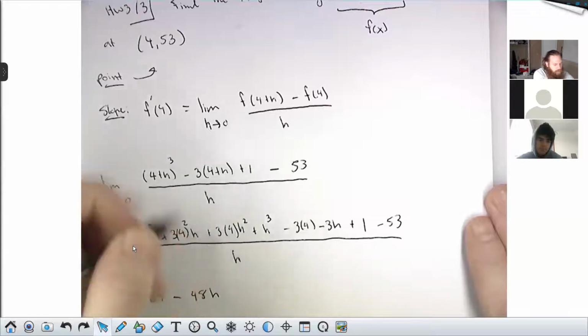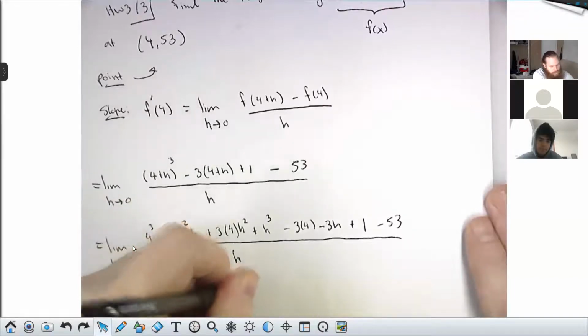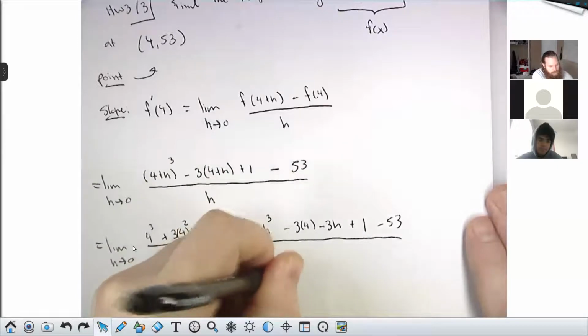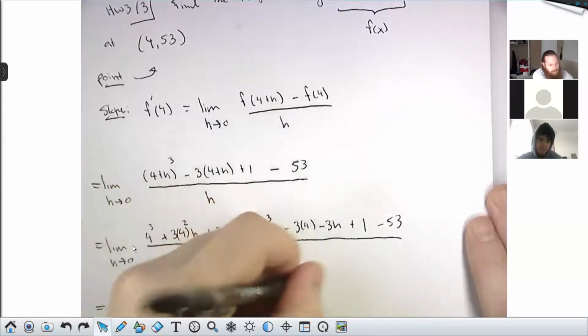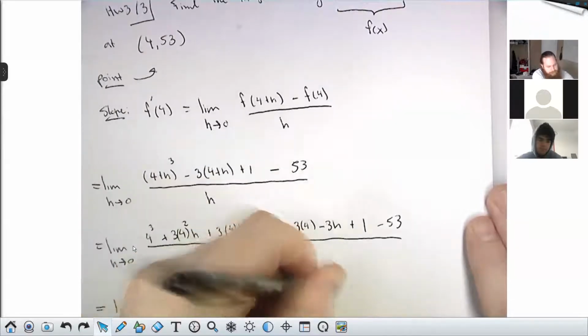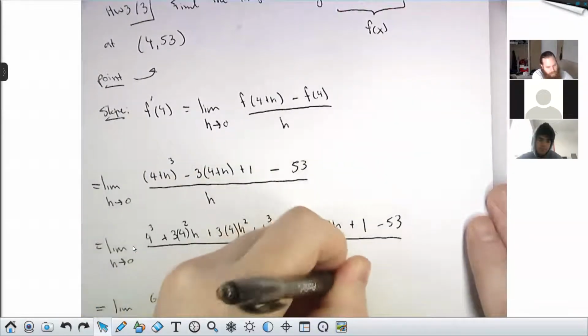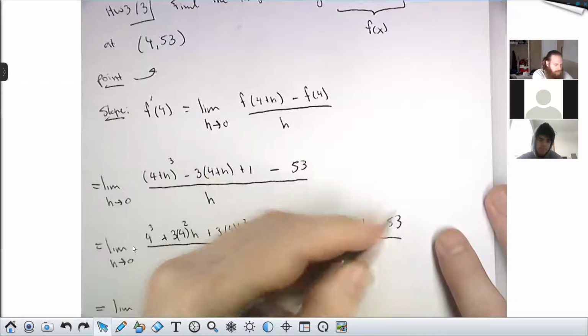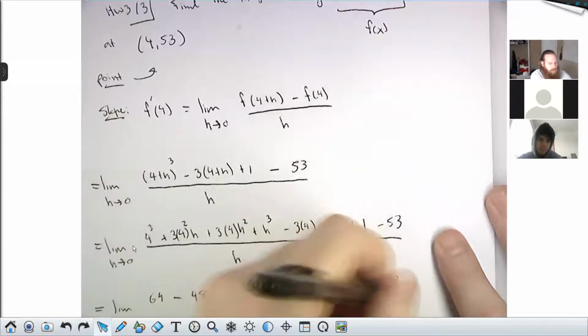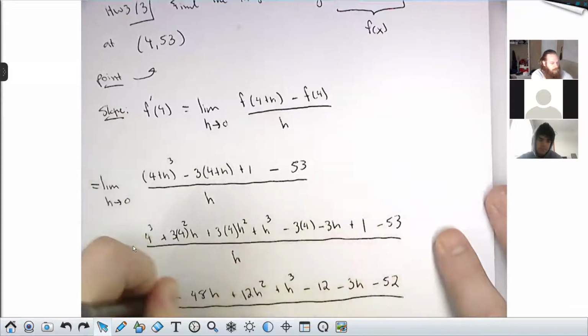And then 3 times 4 is 12, so plus 12h squared, and then plus h cubed, minus 3 times 4 is minus 12, minus 3h, and then -53 plus 1 is minus 52. All of this is over h.